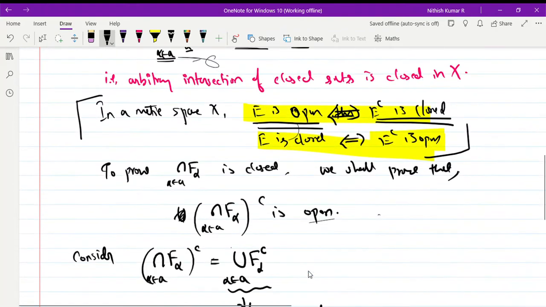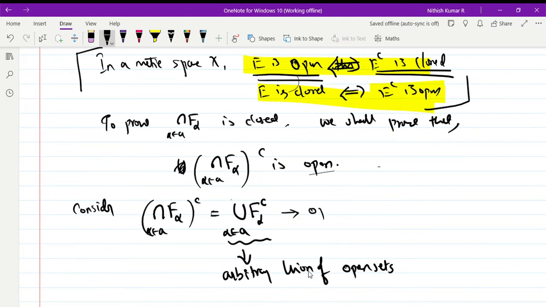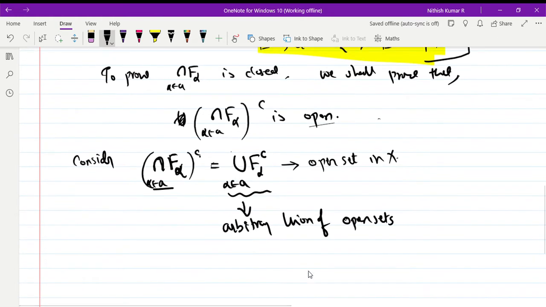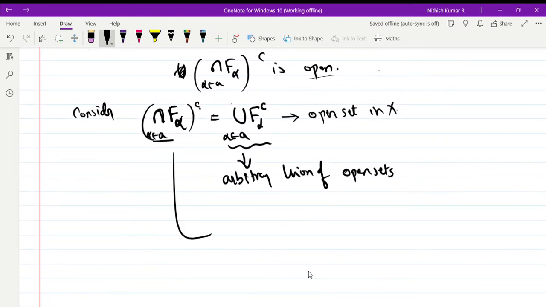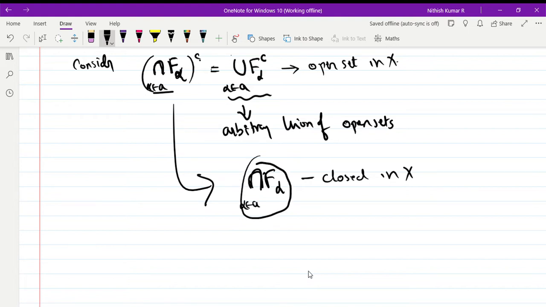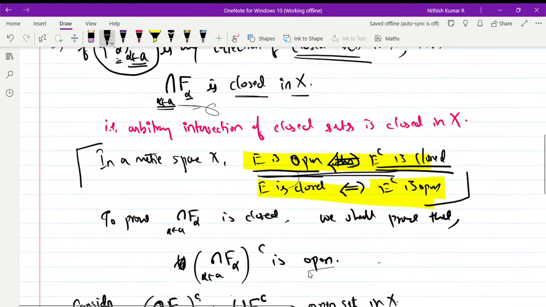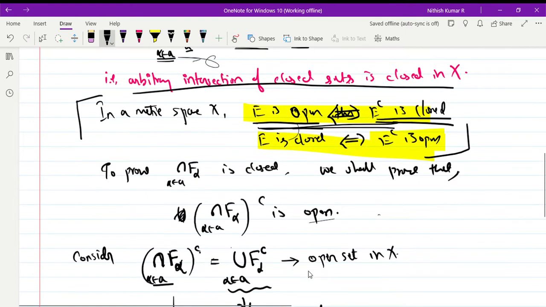So this arbitrary union of open sets is an open set in X. Now again observe, the complement of the intersection of F alpha is open in X. Therefore, using this result again, the complement of this, that is the intersection of F alpha, alpha belongs to A, is closed in X. This gives that an arbitrary intersection of closed sets is closed in X.